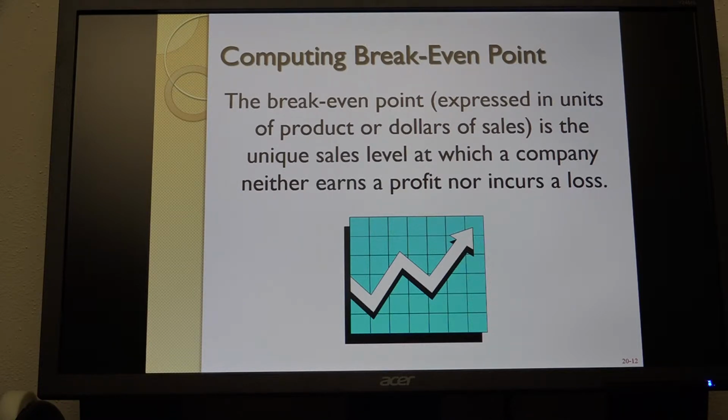If you look at page 868, you note a formula there: revenue minus fixed cost, revenue minus variable cost.